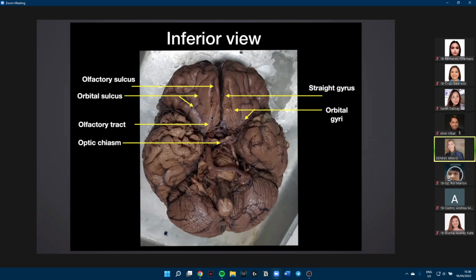And lateral to the olfactory sulcus is the orbital sulcus. Okay, orbital sulcus, and right here would be the orbital gyrus. So this groove that separates this area from this area is called the orbital sulcus, which bounds the area of the orbital gyrus.